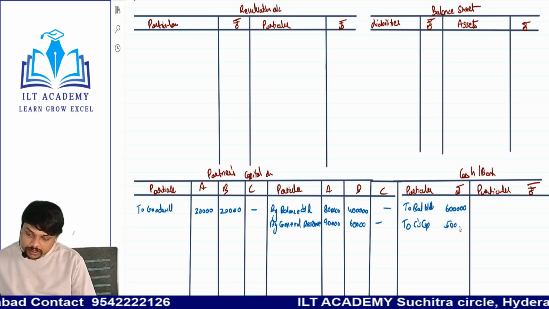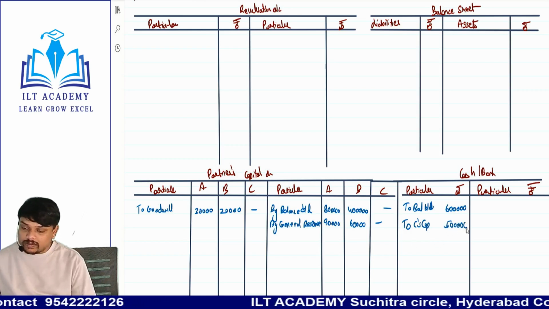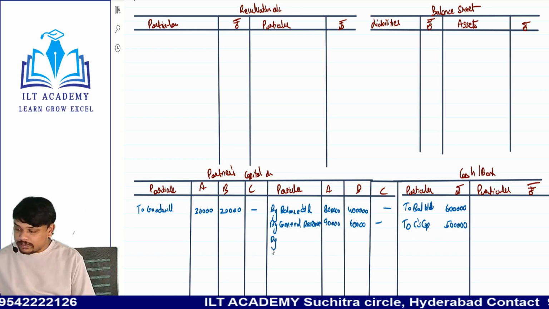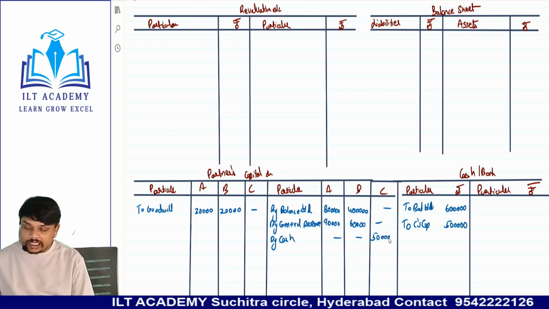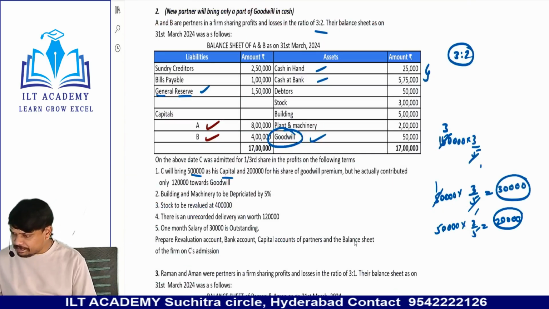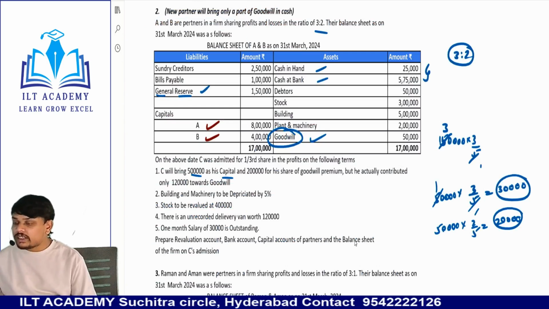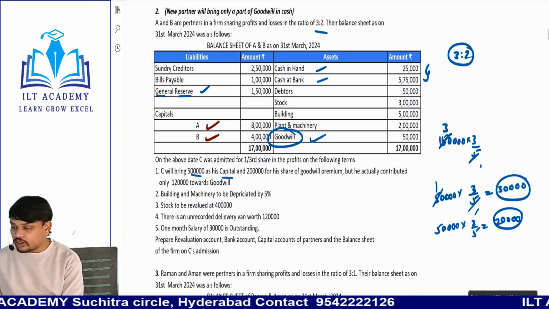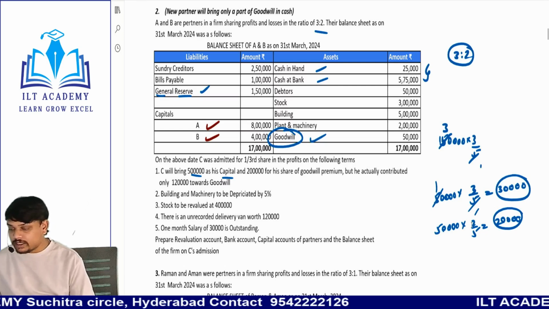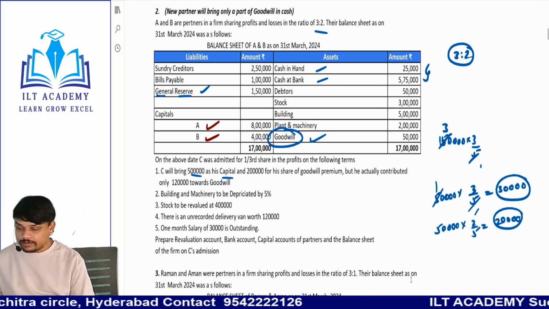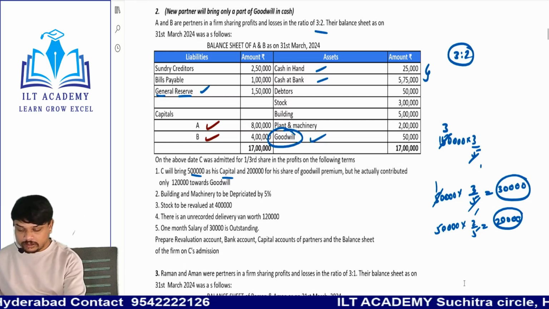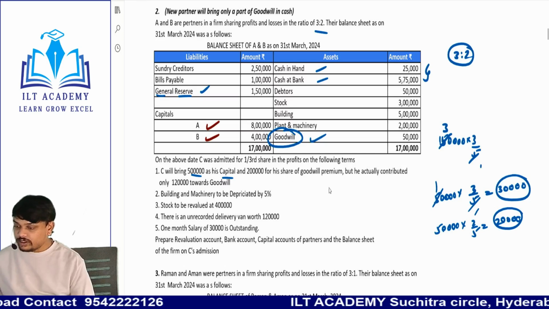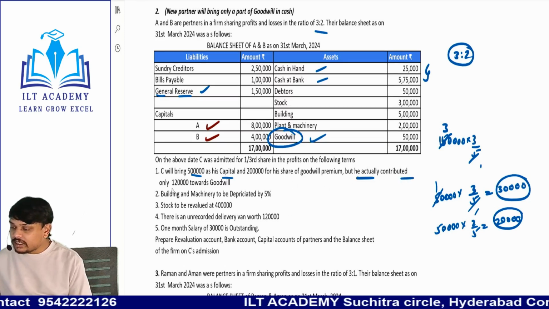This is our basic primary. Once we are done, we can come to the adjustments. 5 lakhs, and 2 lakh for his share of goodwill premium, but he actually contributed only 1,20,000.